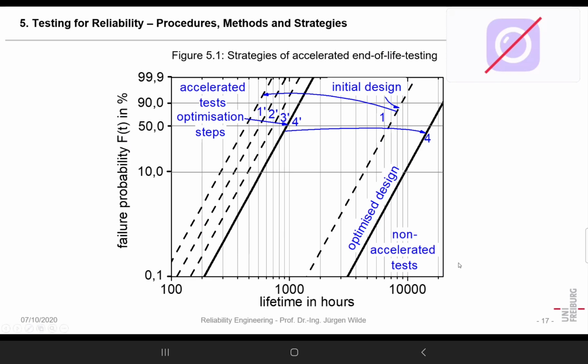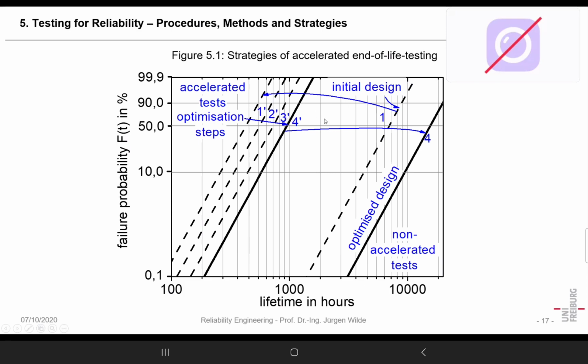So what you can do is you accelerate your test. So the test time decreases maybe by a factor of 10 or so. And then using accelerated tests, that means more delta T, for instance, you can optimize your design, and on the basis of the accelerated tests, you can come to a longer lifetime. Now you have that longer lifetime after 3 optimizations you did.